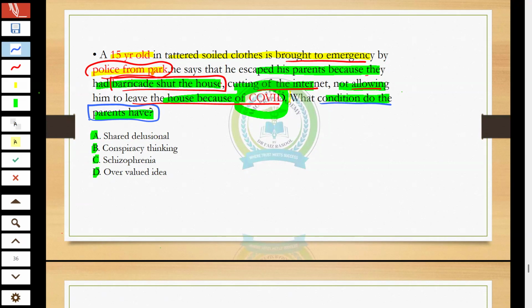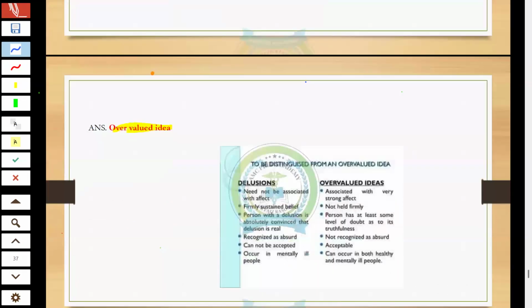If they were asking about both conditions, then you could say it is shared delusion. But they are asking what condition the parents have, because due to COVID they are doing everything wrong, cutting the internet, not allowing him to leave the house, barricading. So, giving extreme importance to one thing: overvalued idea.